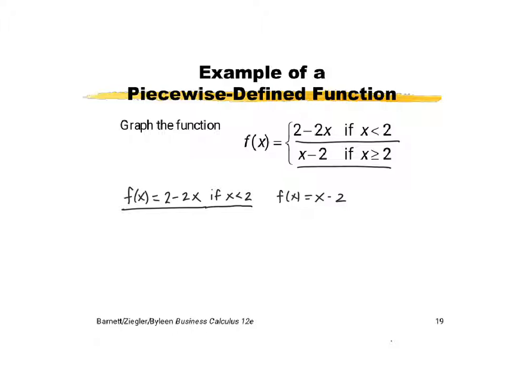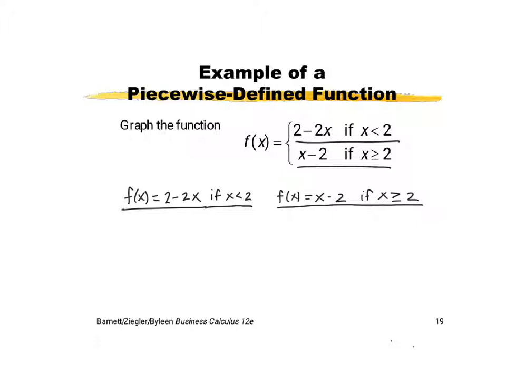So for any values less than 2, my function is defined by 2 minus 2x. Okay? And then for the second part, it's going to be x minus 2, but this is only if x is greater than or equal to 2. So any values 2 or greater will be defined by x minus 2. Okay, so that's a piecewise function. It's defined by two or more functions over a specified domain.